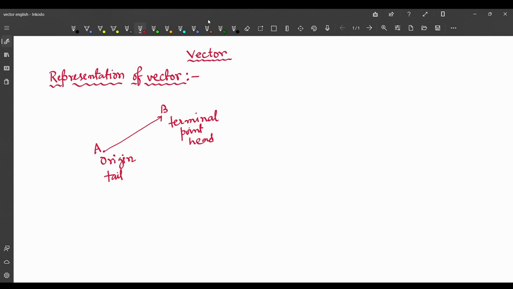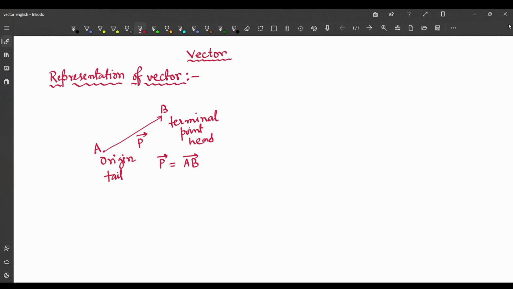This is represented by a vector P. Therefore, P vector is equal to AB vector. Vector notation is at the top and it is always towards the right.